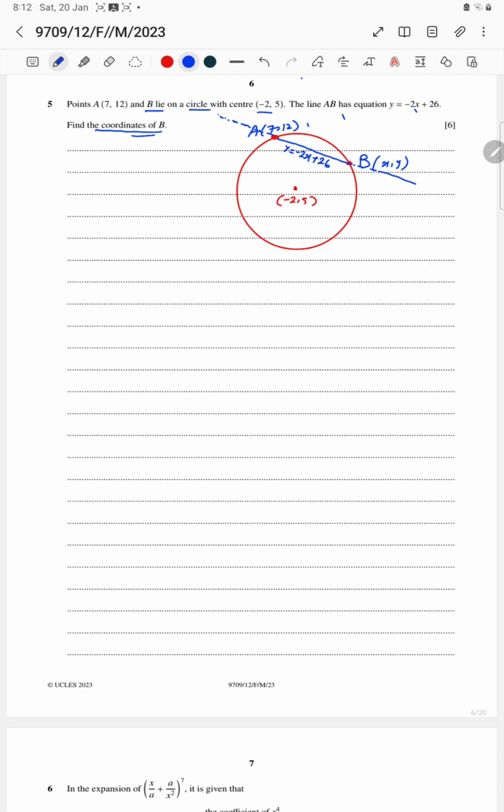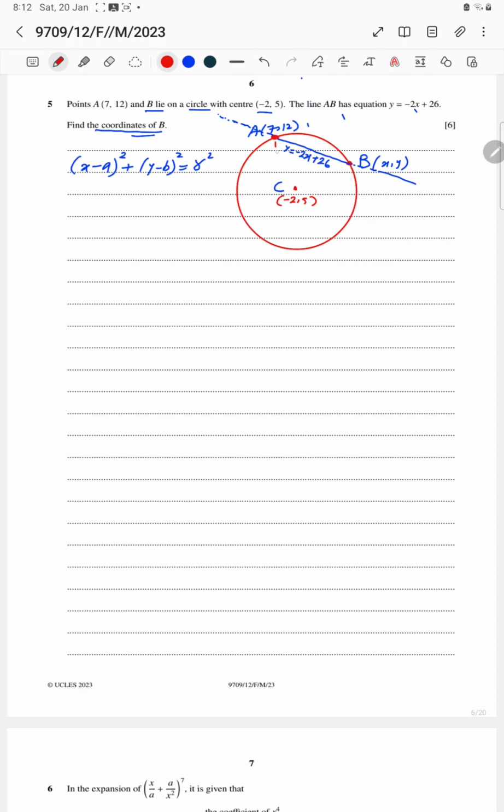So in order to get the coordinates of point B, we need to find the equation of the circle, then solve it. For the equation of a circle, we know the general formula is x minus a whole square plus y minus b whole square equal to r square, where a, b is the center of the circle. The center is given, we need the value of r.